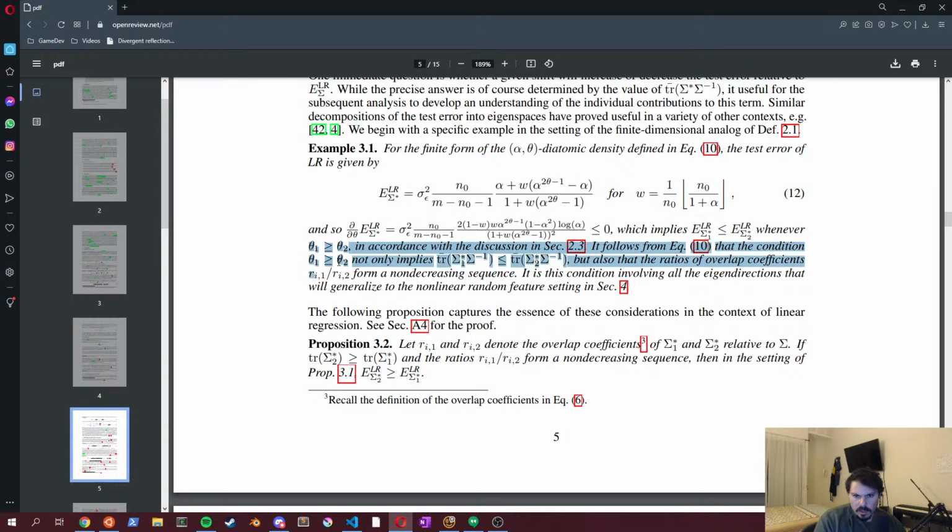It follows from 10 that the condition theta 1 greater than theta 2 not only implies this trace condition, but that the ratios of overlap coefficients form a non-decreasing sequence. It is this condition involving all eigendirections that we will generalize to the nonlinear random feature setting in section 4. The following proposition captures the essence of these considerations in the context of linear regression. See section A4 for the proof.